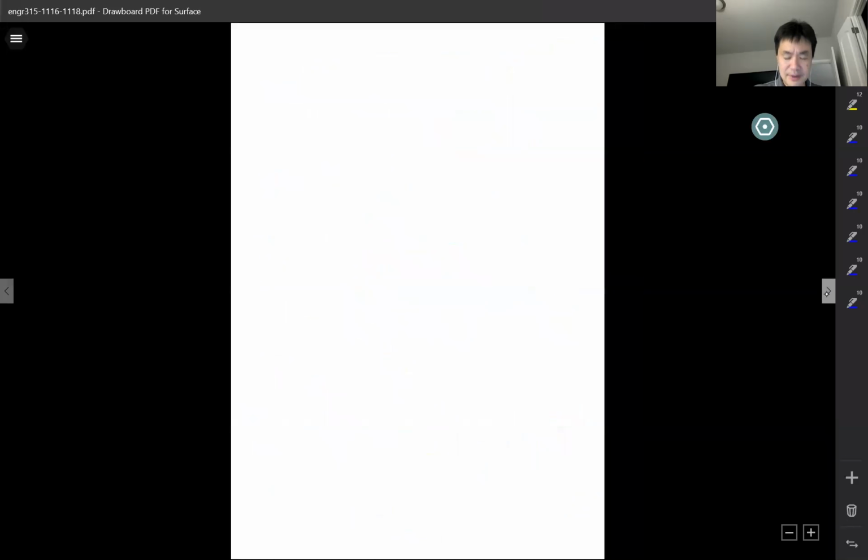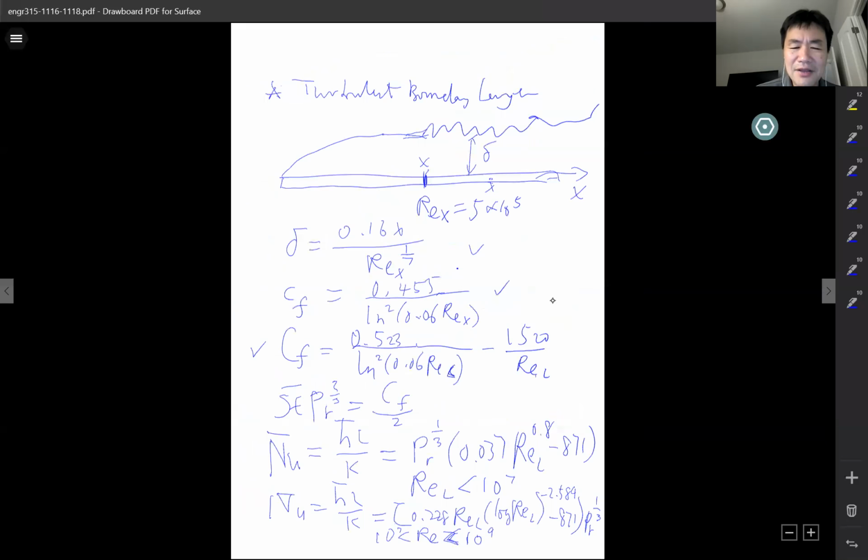So we'll do some calculation. Let's do an example, example 5.9. Oh, by the way, I forgot: this is for the isothermal boundary condition.